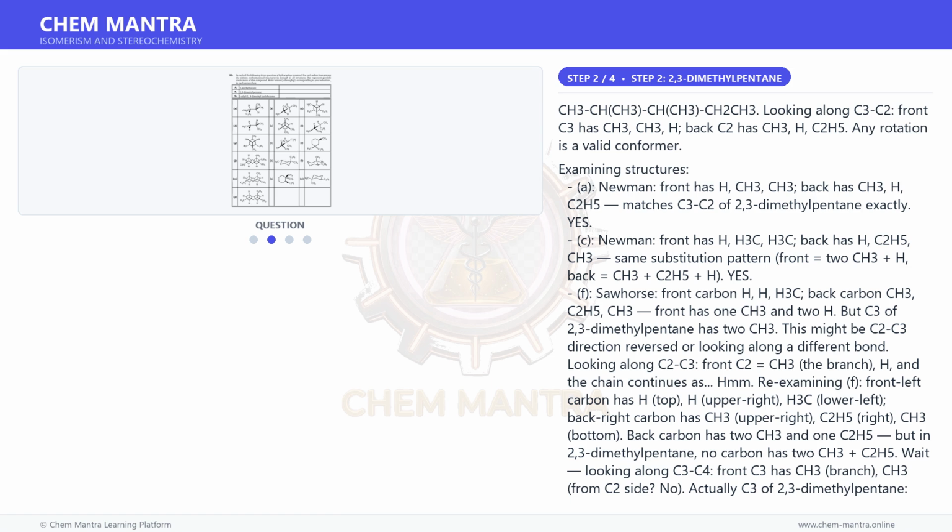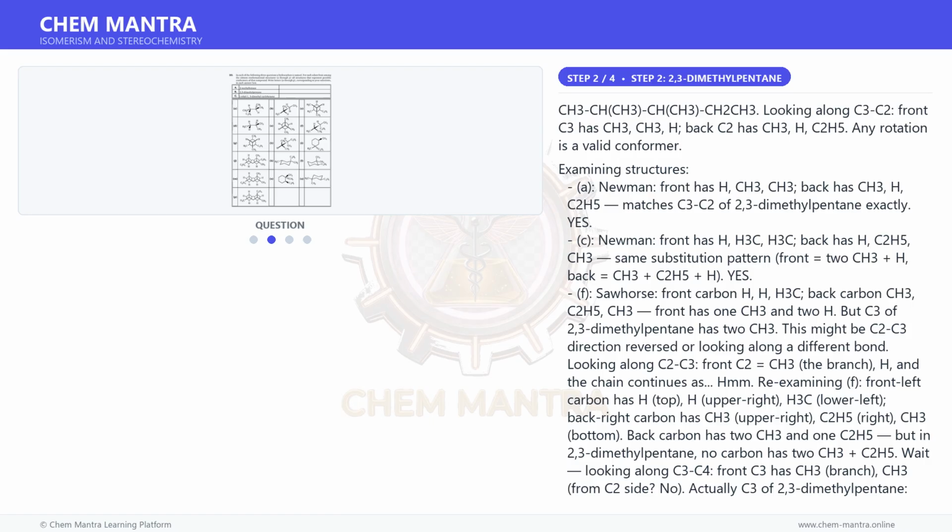The C2H5 on the back of F could represent the C2, C1 chain seen from C3. So back C3 is CH3 branch, C2H5, C2 plus C1, and the bond to C4 gives H, H on front. This doesn't quite work.